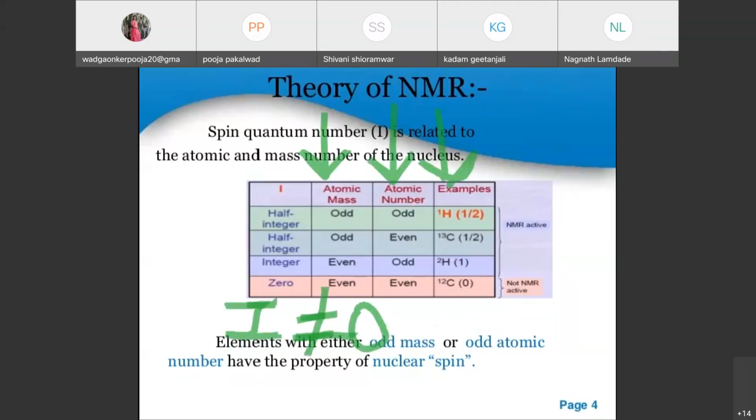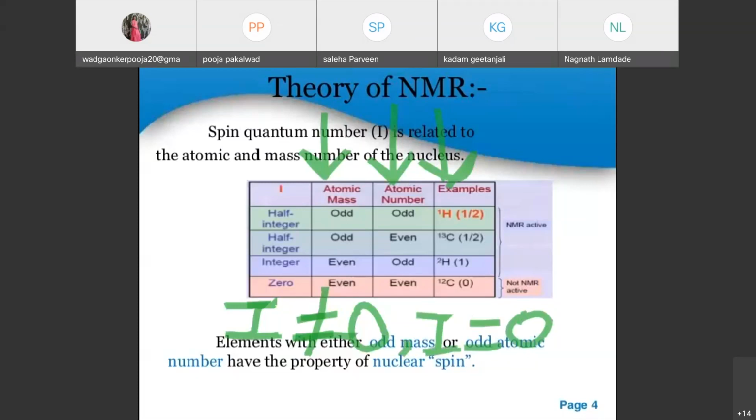Please do not get confused between this I and the spin quantum number of electrons. You will only get confused if you have not attended the previous introductory classes. Those who were present in previous classes, or have seen the recordings, know this very well. Now I is not equal to 0, or I is equal to 0.